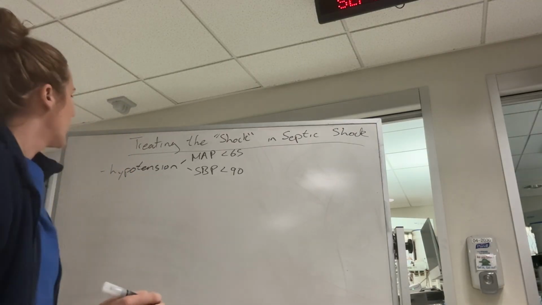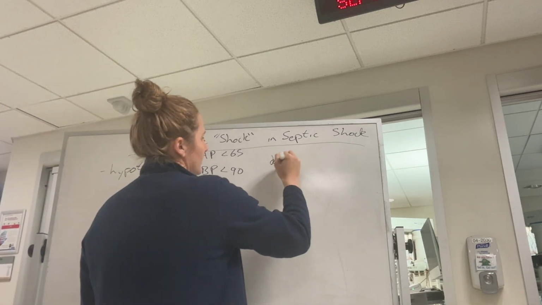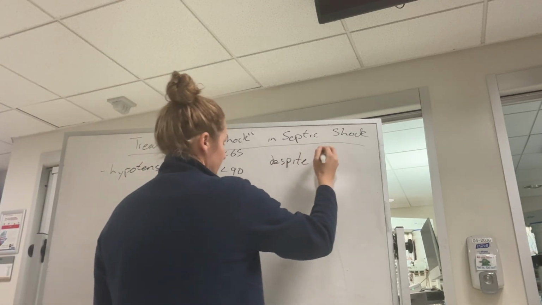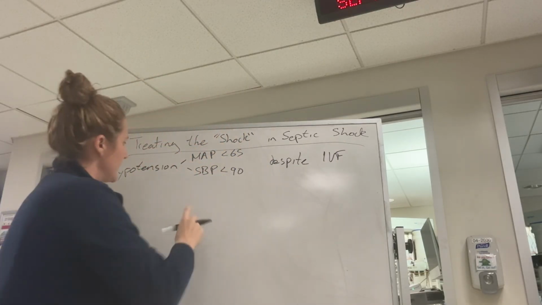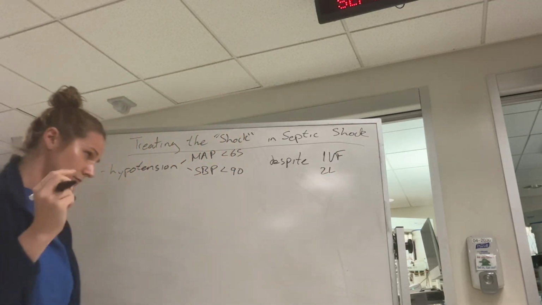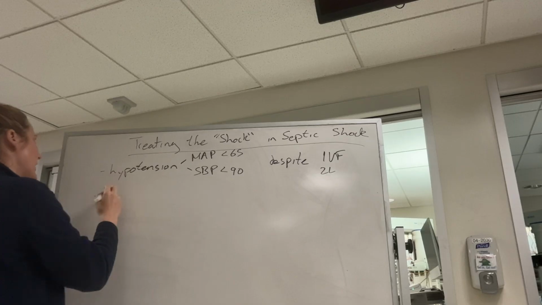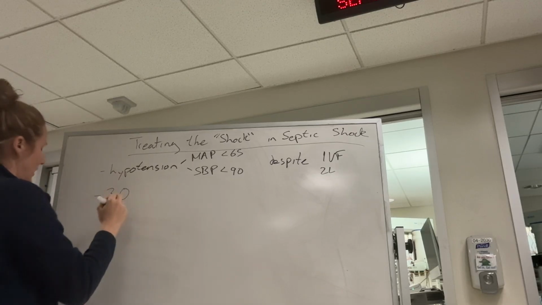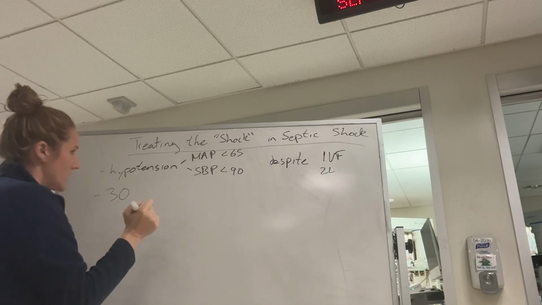Okay. So hypotension despite IV fluids. A lot of times they'll include a 2-liter IV fluid bolus. However, updated sepsis guidelines do recommend patient-directed IV fluid.